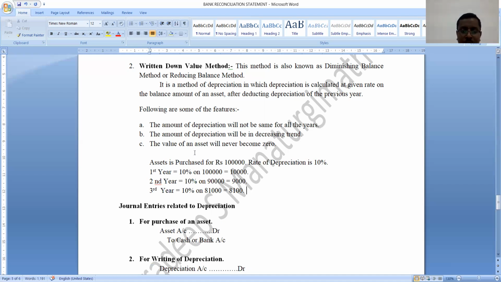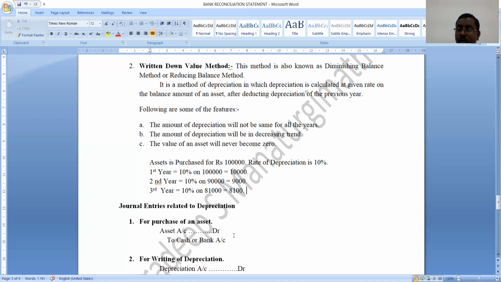You can see all three features in this particular calculation. Here the amount of depreciation differs from year to year. It is not the same for all the years. And the second thing is the amount of depreciation goes on decreasing. And in this particular method, asset value will never become zero. You are going to find a certain balance in the asset account.